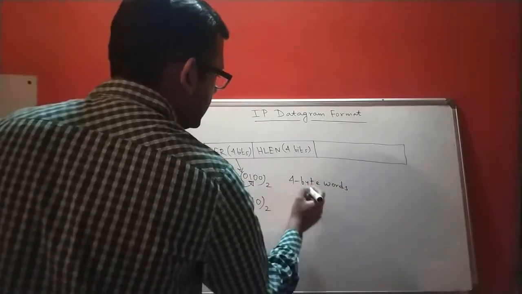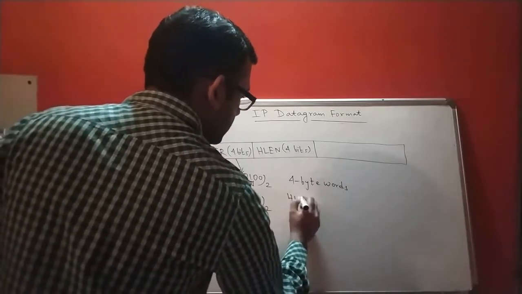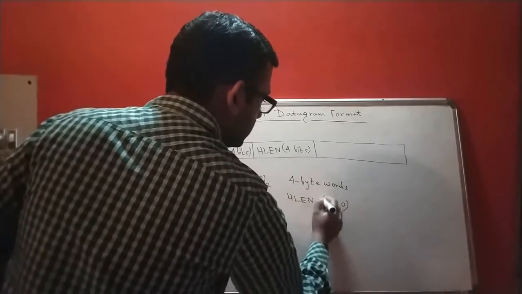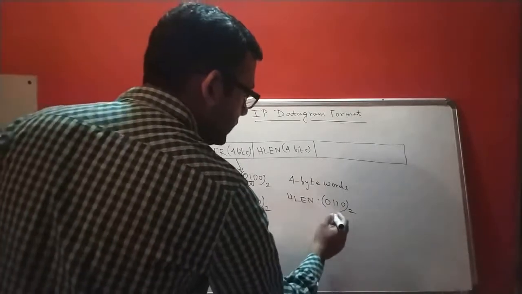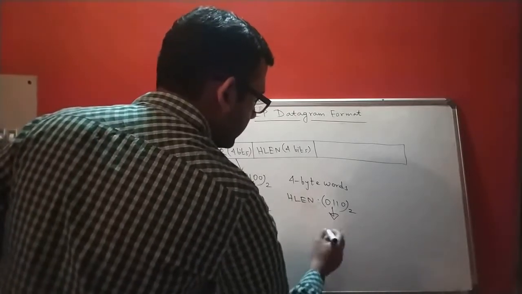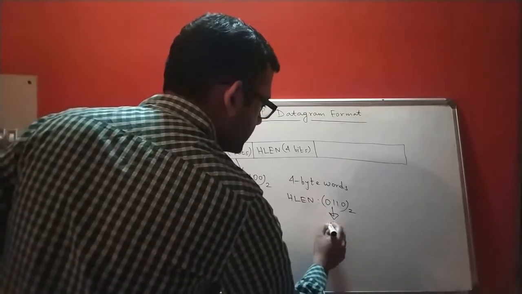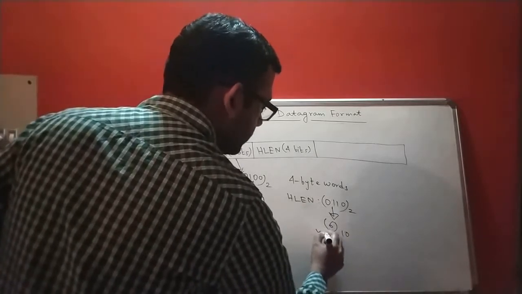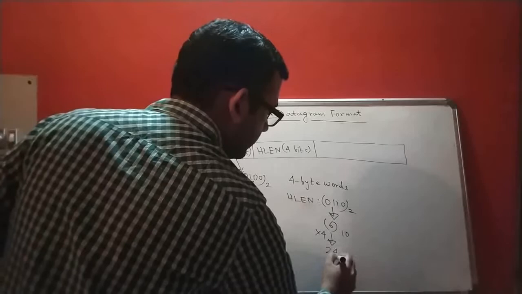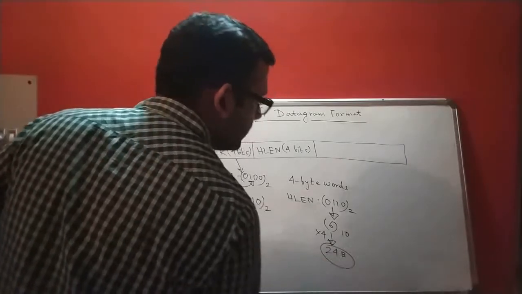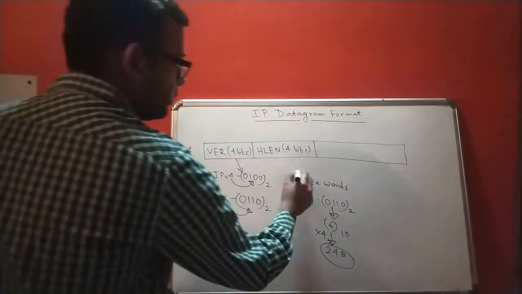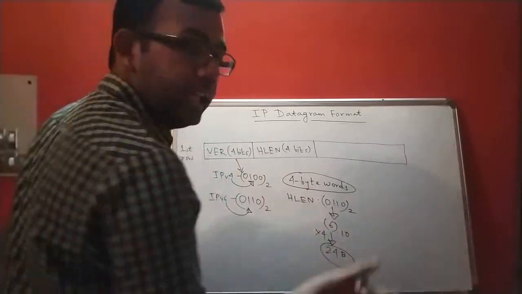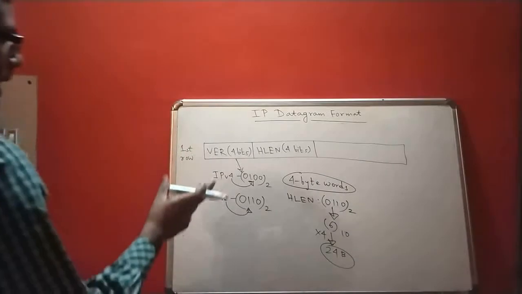What does this mean? Let's say we have a bit pattern of 0110 for header length. We'll convert it into the decimal equivalent, which happens to be 6, and then multiply it by 4 to get 24. This is the actual header length. That is what you mean by 4-byte words. You have to multiply the header length field by 4 in order to get the actual length of the IP datagram header.